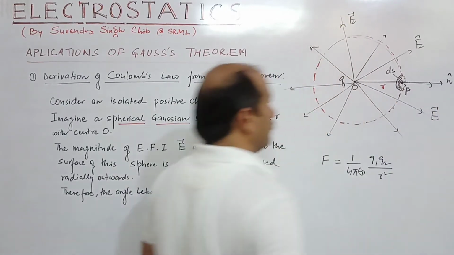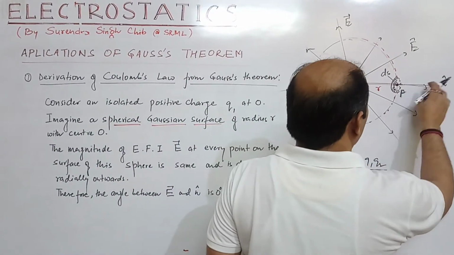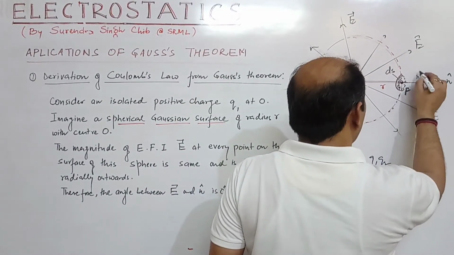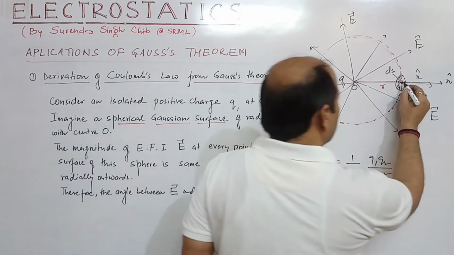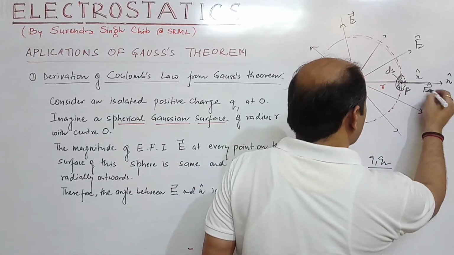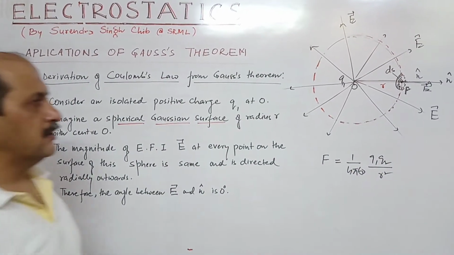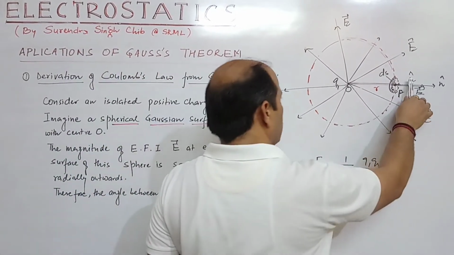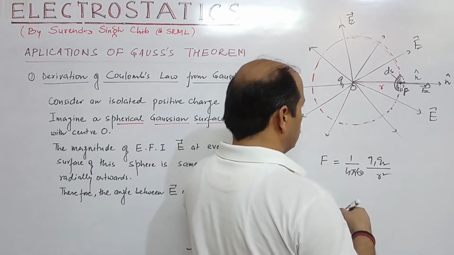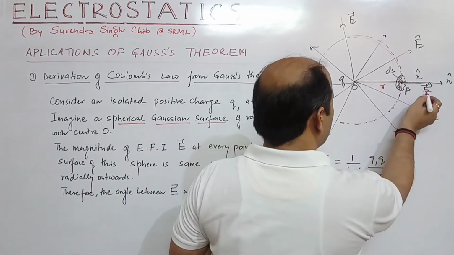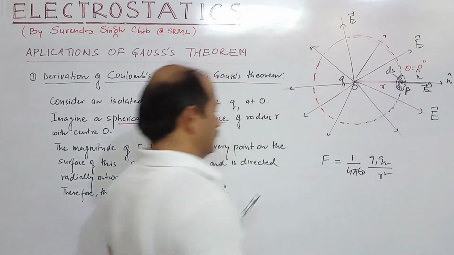This is n cap. तो इस point P पे area element क्या है? n cap, radially outwards. What is the electric field? It is also radially outwards. Electric field भी बाहर की तरफ है. n cap भी बाहर की तरफ है. So what is the theta between E vector and n cap? Theta is the angle between E vector and n cap, and it is 0 degrees.